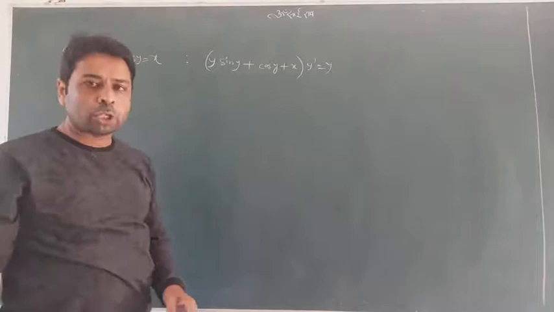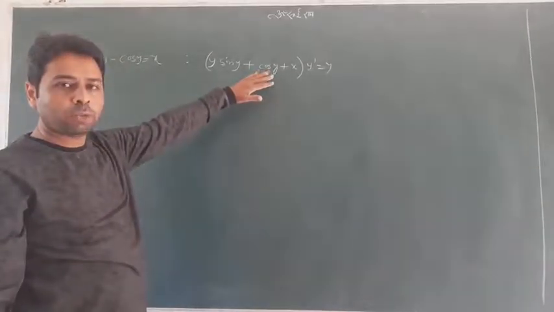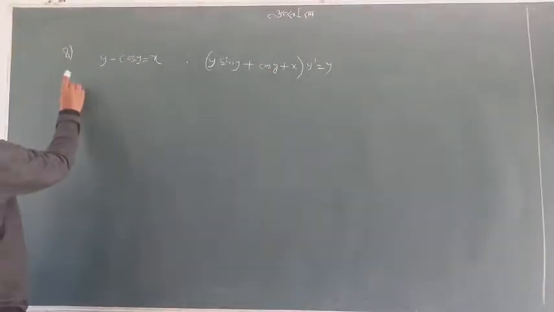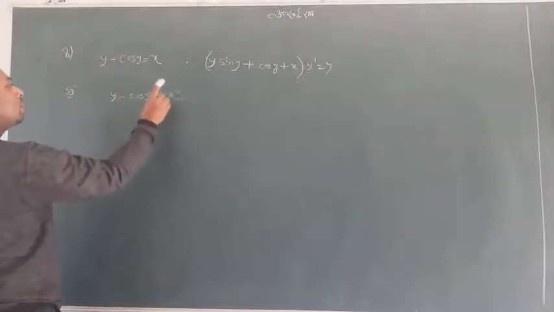Definitely this time it's the same situation. We are given an equation, we need a differential equation, then only we can verify that this is a solution of this differential equation. Okay, so we'll start. y - cos y = x.